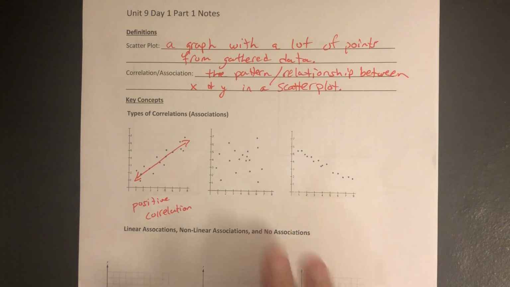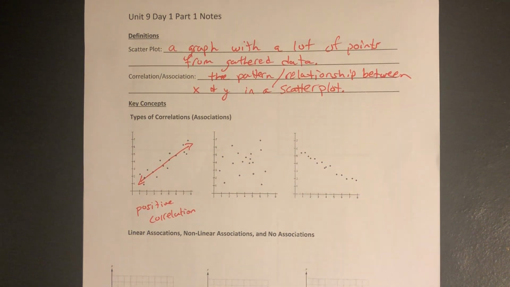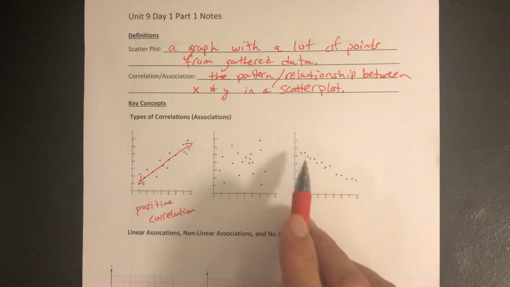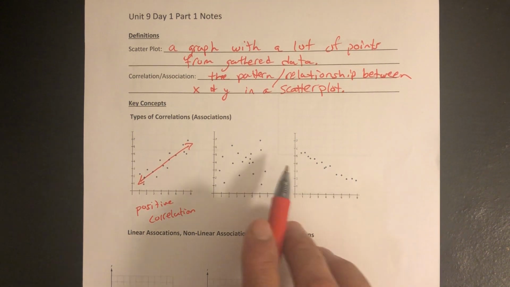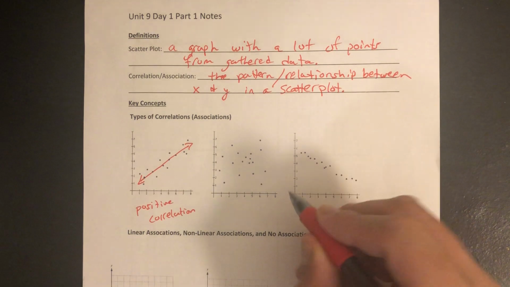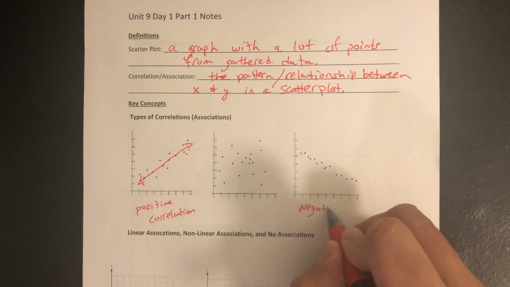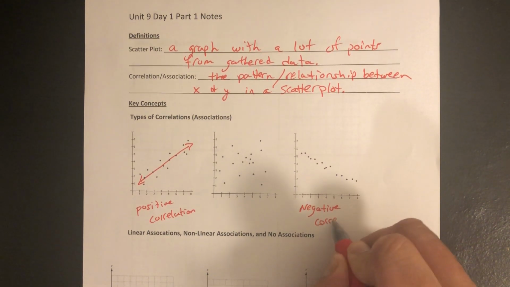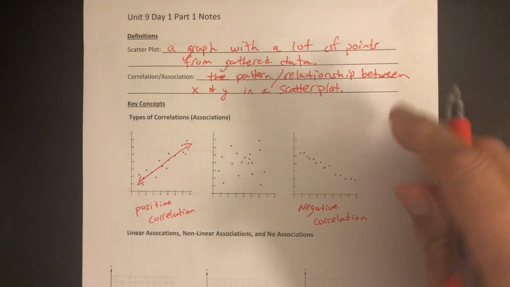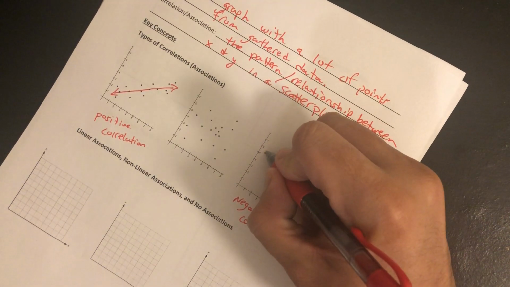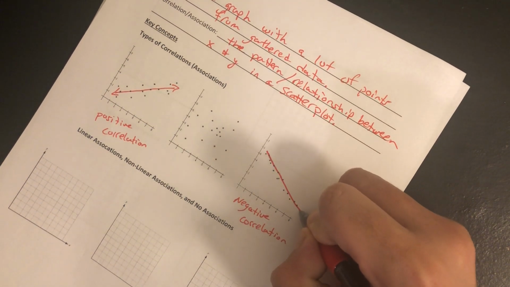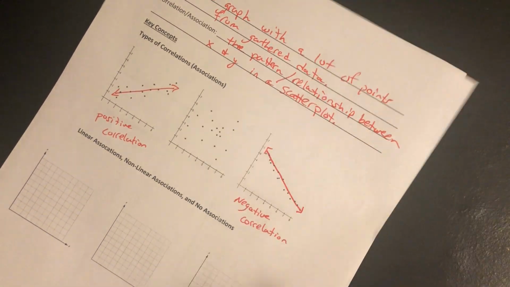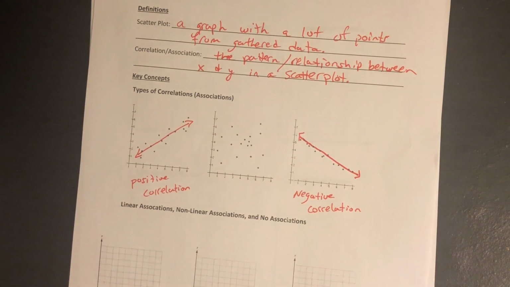Now, if we do the graph all the way on the right, you will notice that the points on the scatter plot are going in a decreasing form. So this is known as a negative correlation. And of course, you can draw a line that follows the pattern of the dots, and you would see that it's headed in a negative direction.